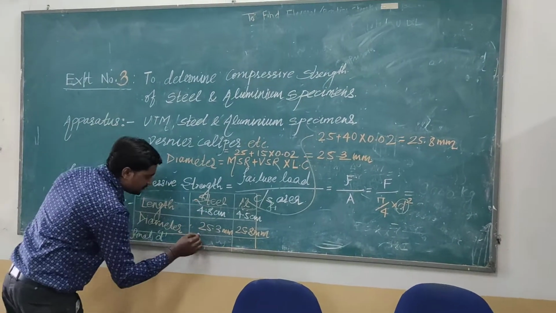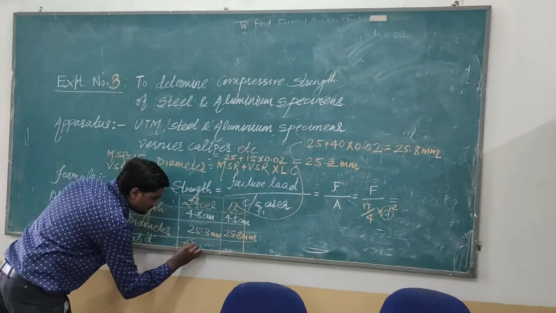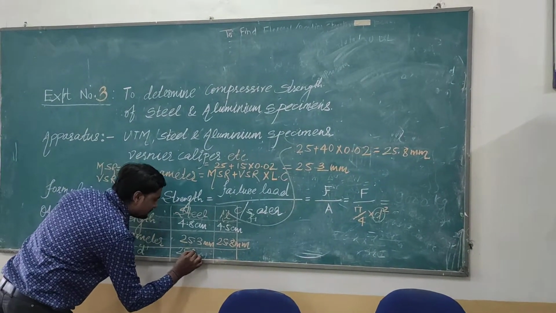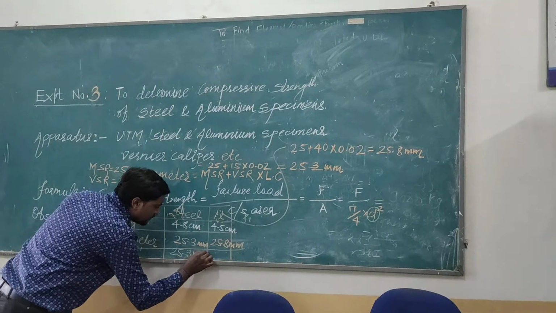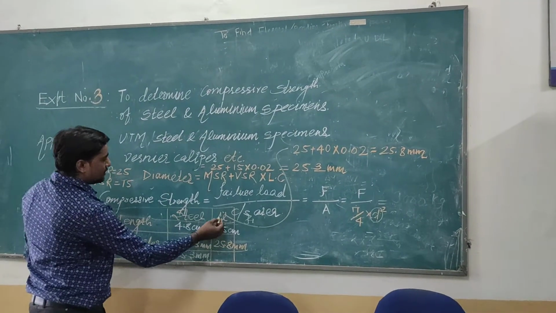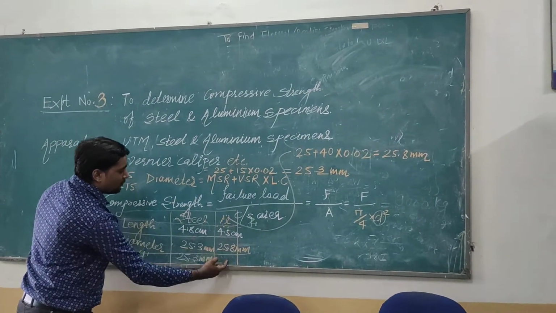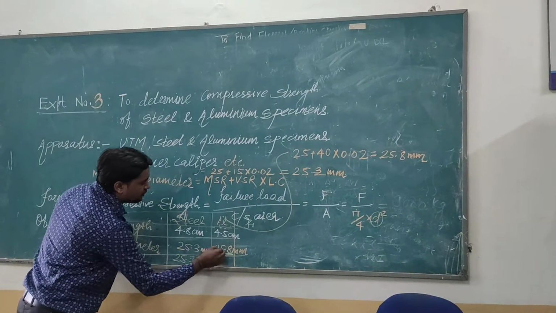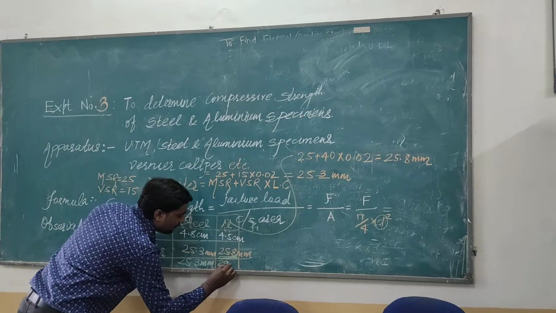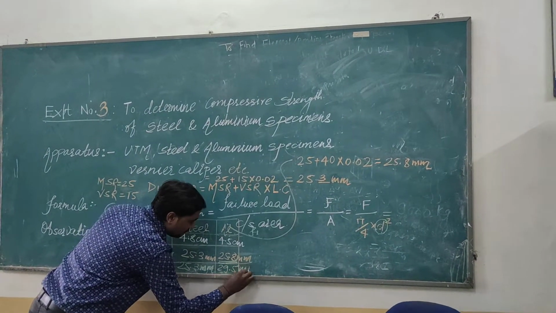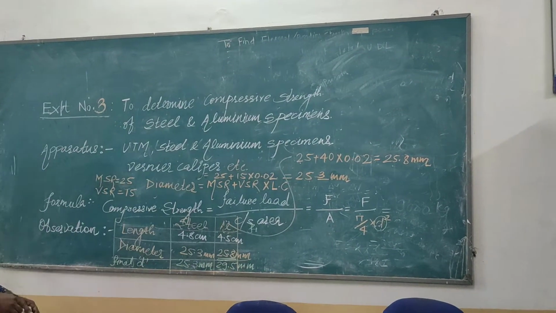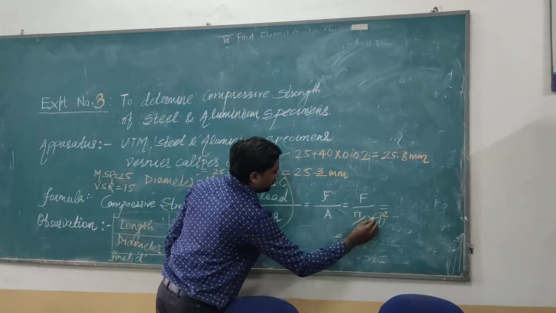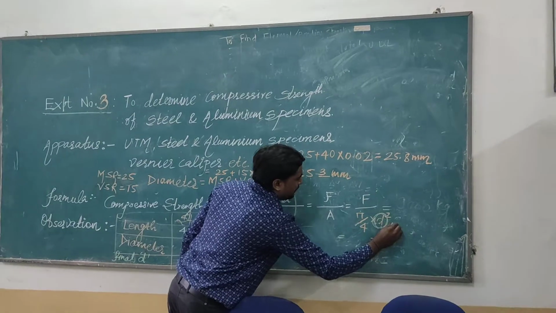Still there is not a change. 25.3 I am considering, no changes. Then in case of aluminum, the 25.8 value was there, so 29.5 was the final value for diameter. So you have to use the final diameter here.